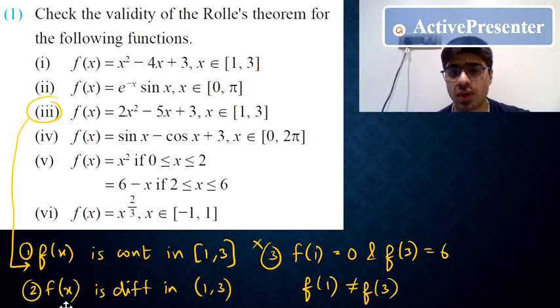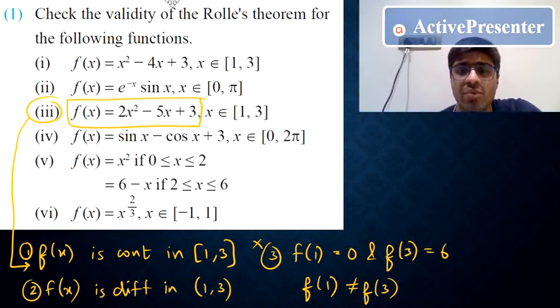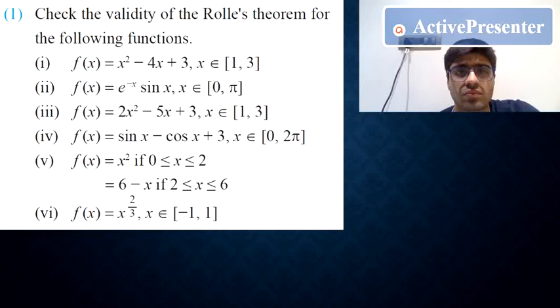So the third condition of Rolle's theorem is not satisfied, and even if there is one condition of Rolle's theorem not getting satisfied, we have to say that Rolle's theorem is not applicable for the third function given to us. So for the third function, we will say that Rolle's theorem is not applicable because the third condition of Rolle's theorem is not satisfied.